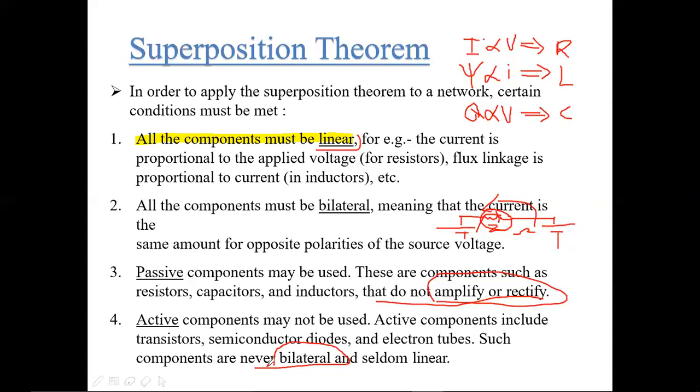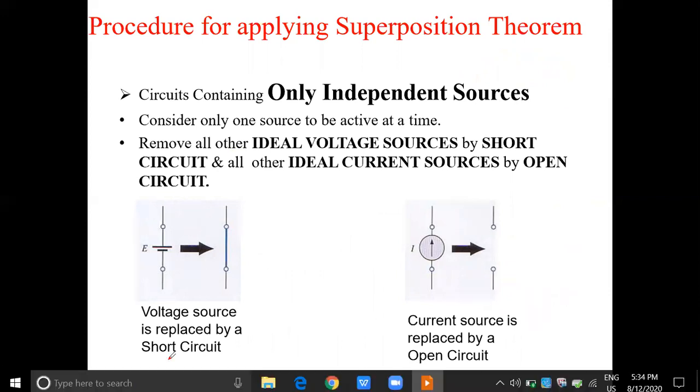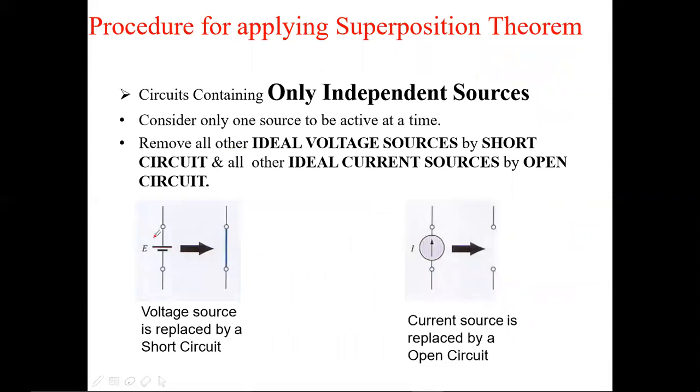Right, let me move to the next slide. Procedure for applying superposition theorem. There are certain procedures. First, circuit containing only independent sources, like I showed here. These are independent.